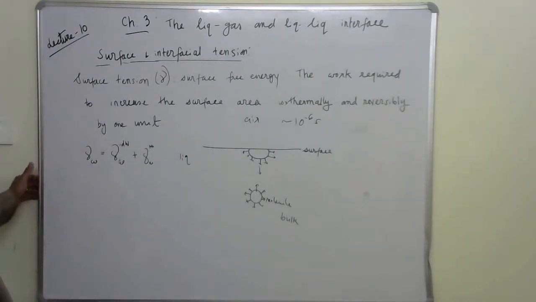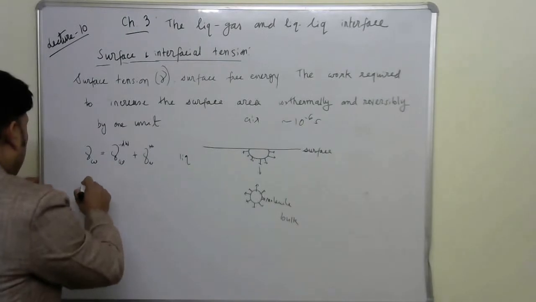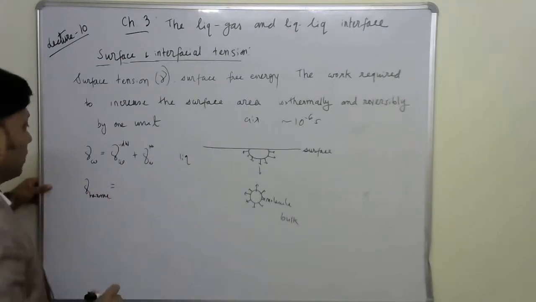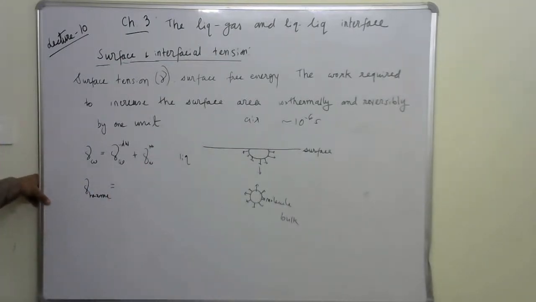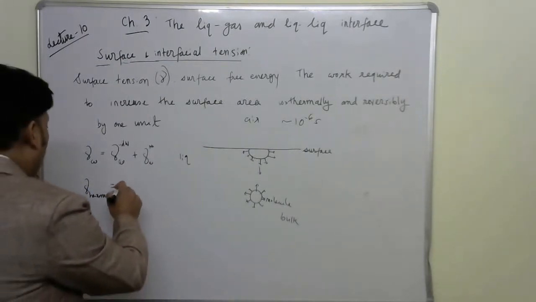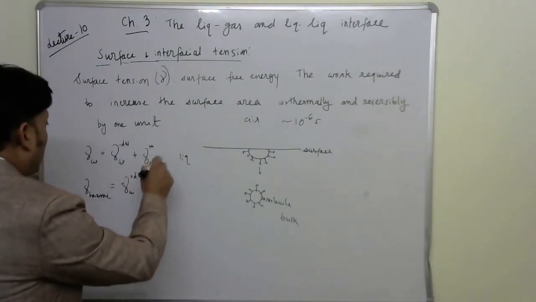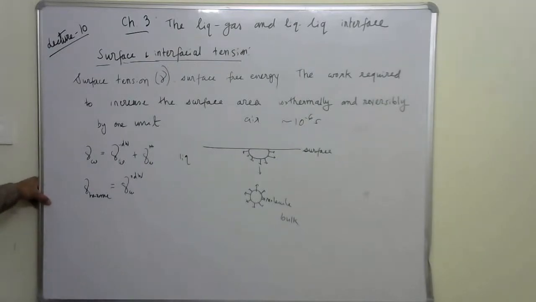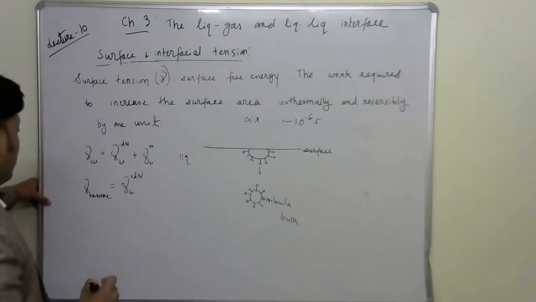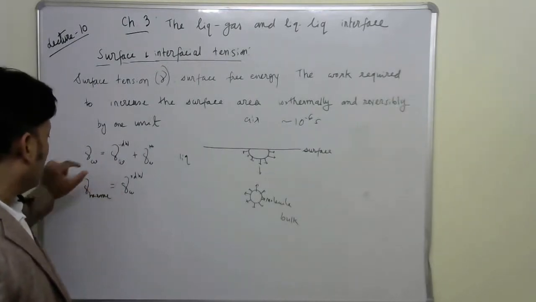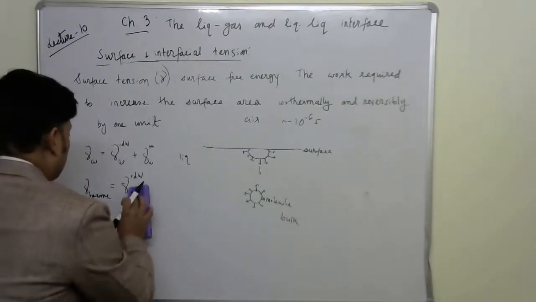Now if we talk about hexane, gamma hexane, this is a non-polar liquid. For hexane we only have gamma van der Waals, because we don't have hydrogen bonding. Obviously these van der Waals forces are weaker than for water.